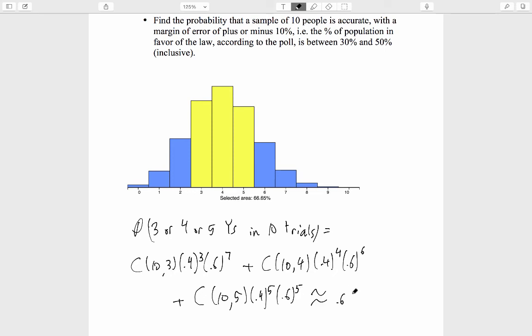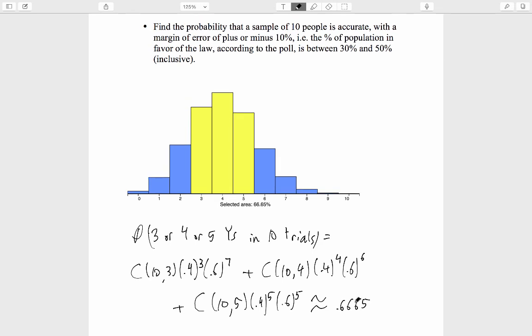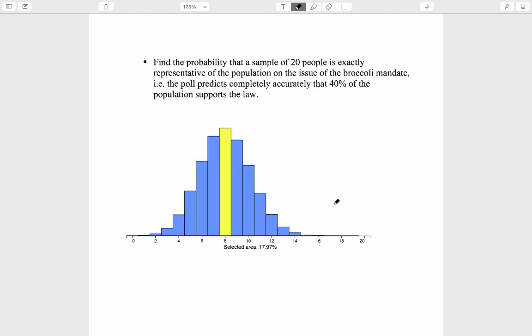This turns out to be approximately 0.6665. That is a much higher probability than if we were holding out for perfect accuracy. But still, that's not such a high probability either. This is only about a 2/3 chance that the result of our survey will be somewhere reasonably close to the truth.